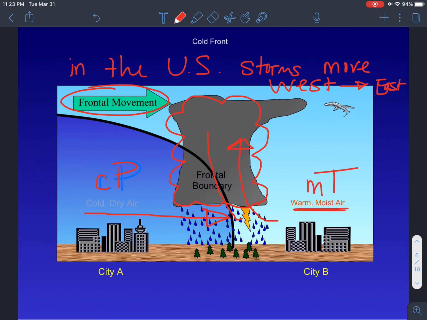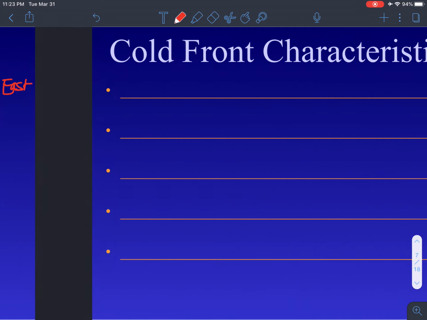Now, because this happens so quickly, the clouds will be very tall and have a lot of energy, and you get really heavy bursts of rain. But generally, they only last for a couple of hours, so you get short bursts of heavy rain. Now, when all is said and done, City B will become colder and drier, just like City A.